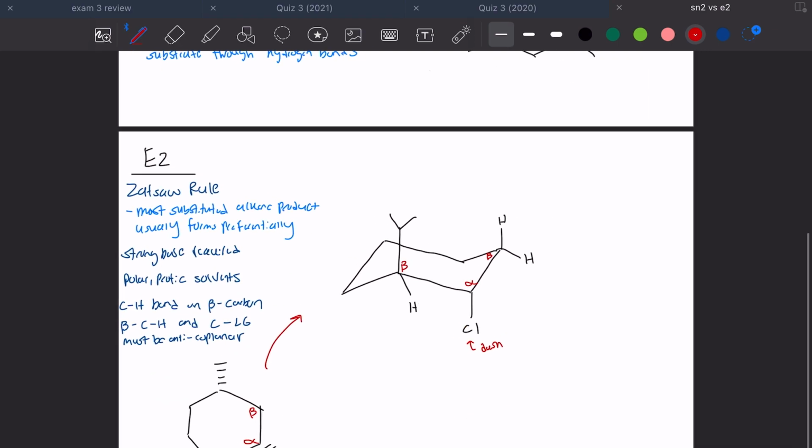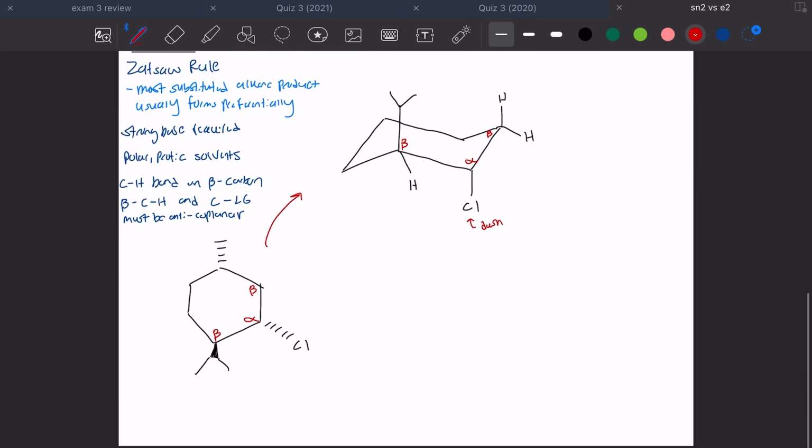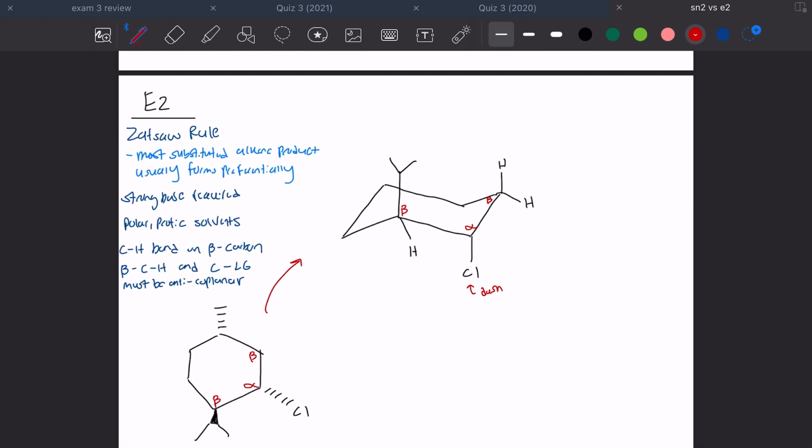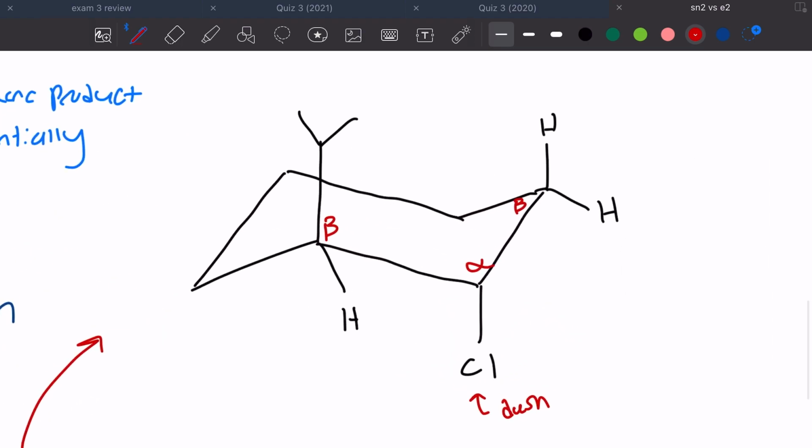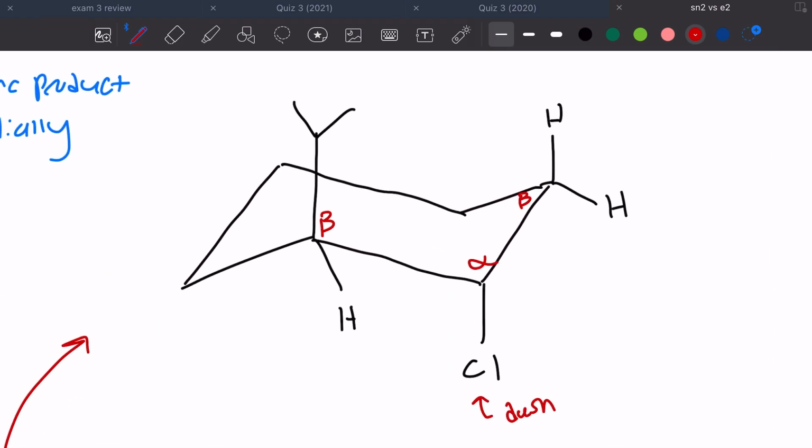So to know which beta carbon you're going to be using in this reaction, you're going to want to figure out actually which hydrogen is anti-coplanar. So to really determine that, you see that this beta carbon only has 1 hydrogen, and this hydrogen is going down.